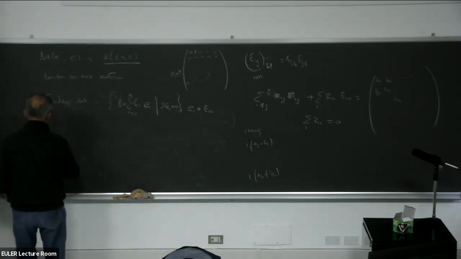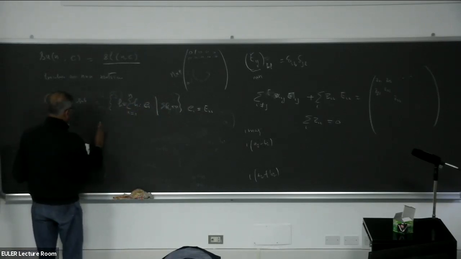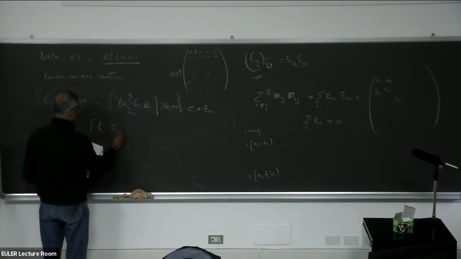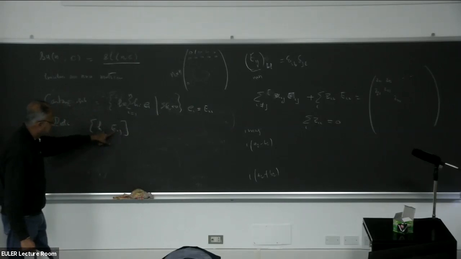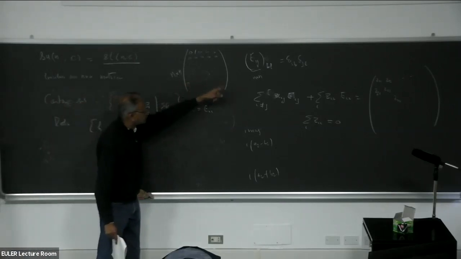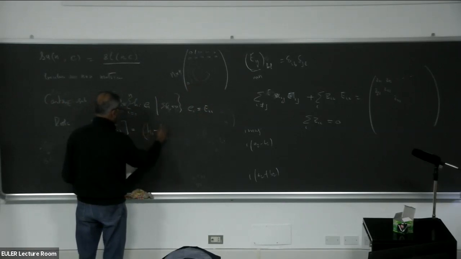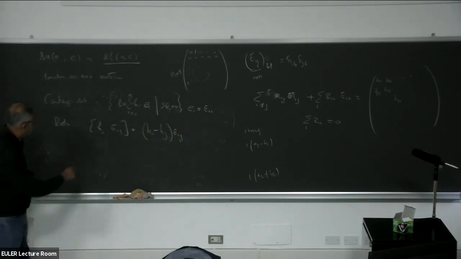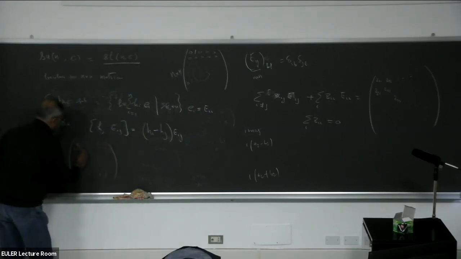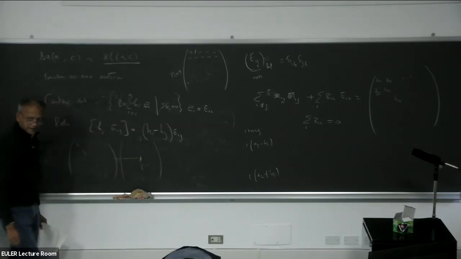Now, what about the roots? If you take the commutation relation of an arbitrary H, satisfying of course this condition, with E_ij, where E_ij is a matrix which has its only non-zero entry in the ith row and jth column, you find, I think we have done this before already, h_i minus h_j times E_ij. It's easy to see, because H is diagonal, h1, h2, etc., and E_ij has its only non-zero entry in the ith row and jth column, and that's 1, everything else is 0.